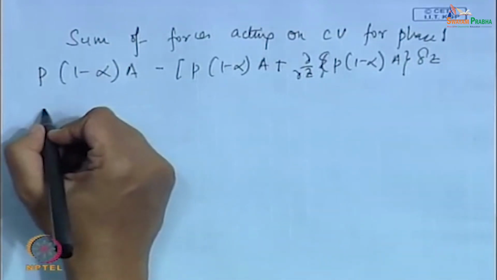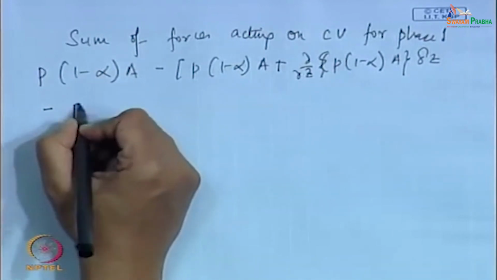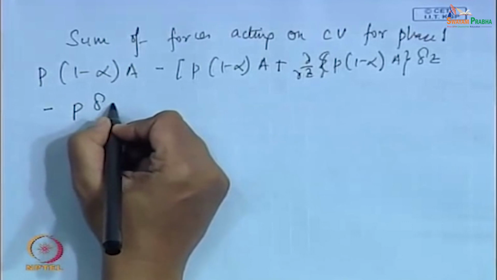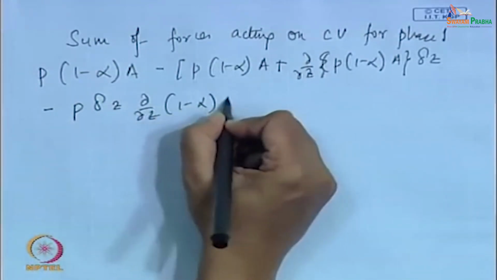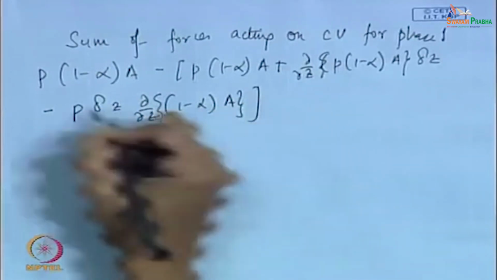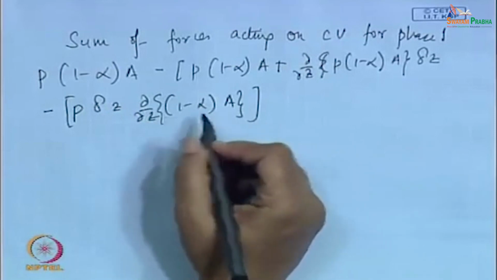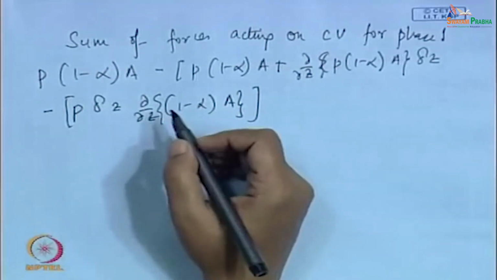Then this gives minus P delta Z del del Z of 1 minus alpha into A, to account for the force on the curved portion.